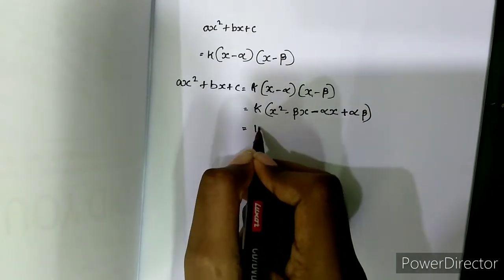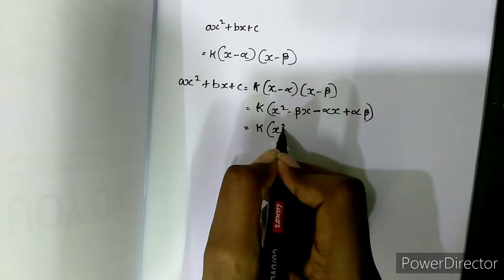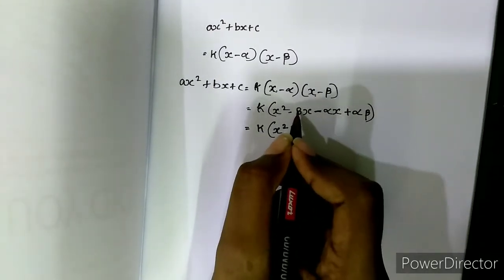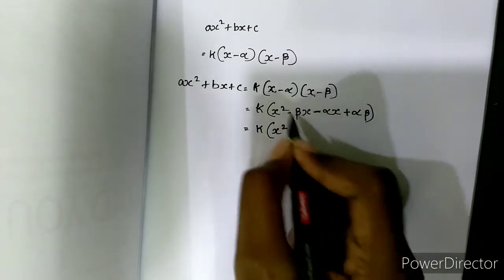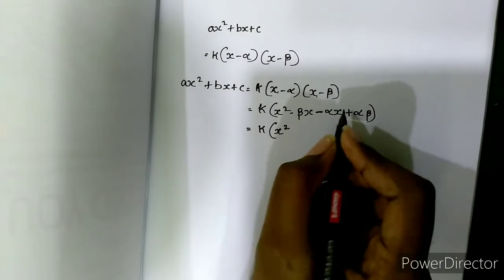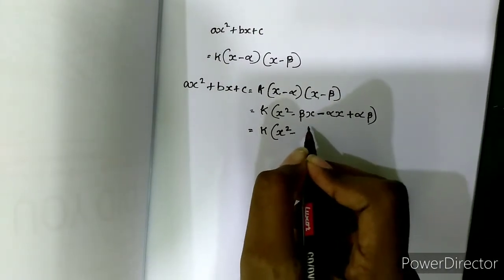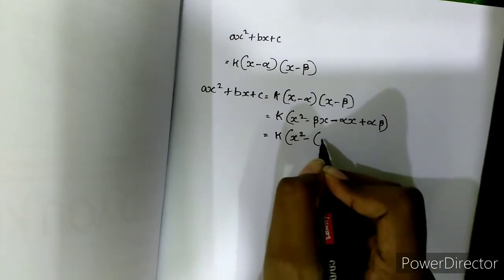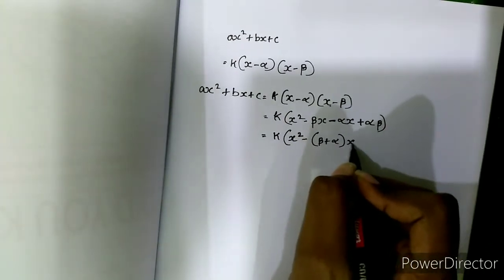Now k of x square, here x is common in minus beta x and minus alpha x. In both, x is common, so we can write it as minus of beta plus alpha of x.